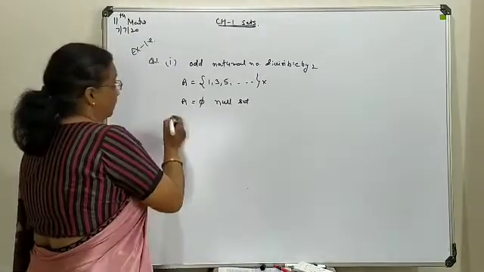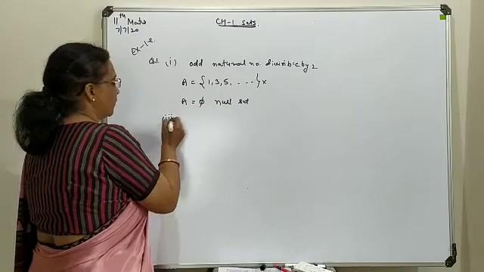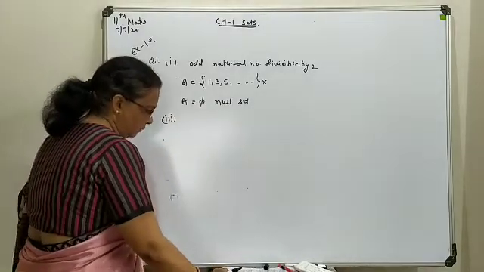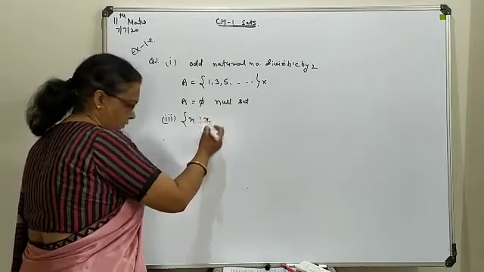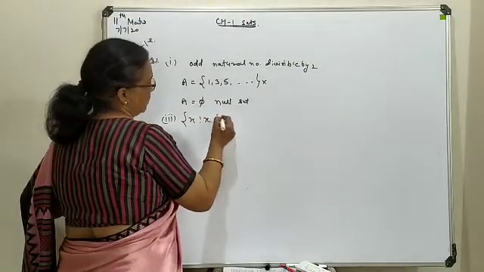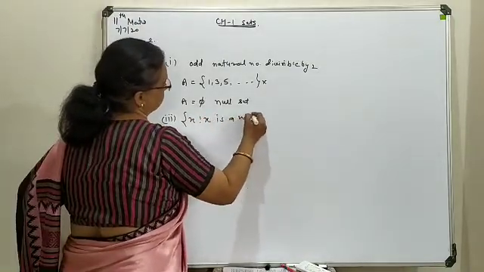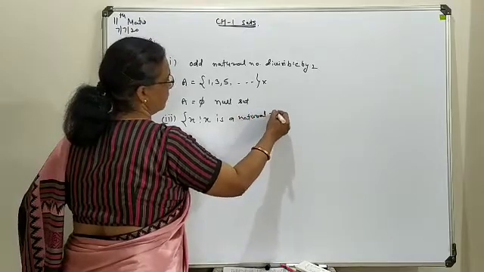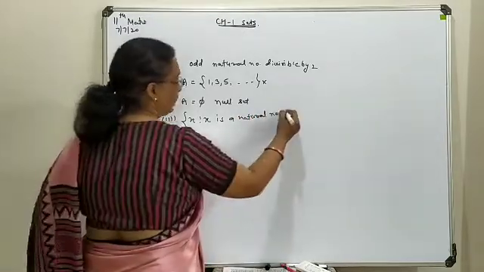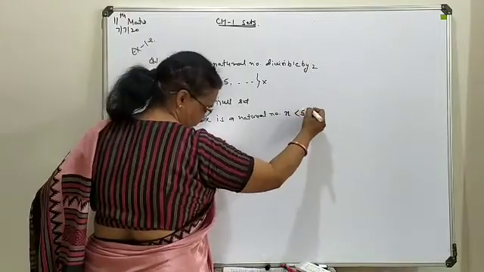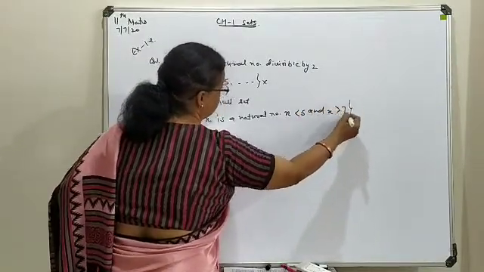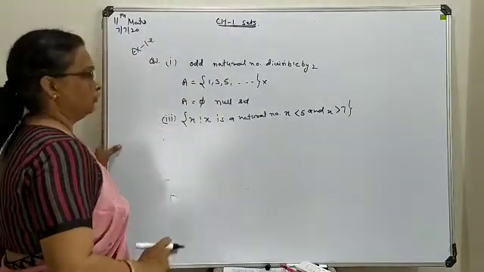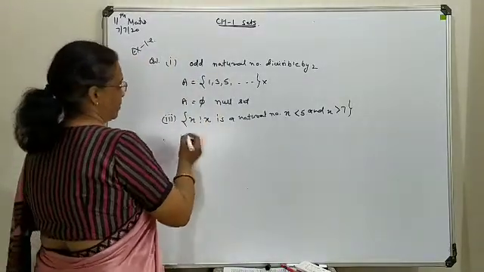Now next we look at the third case, in which your set is defined as X is a natural number, where X should be less than 5 and at the same time X should be greater than 7. Now try to understand the meaning of this question.